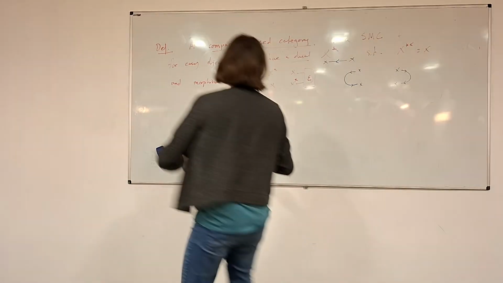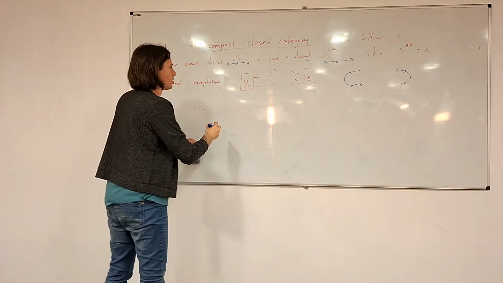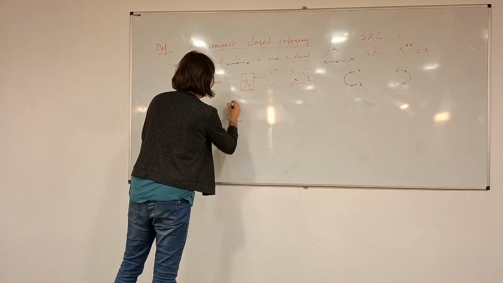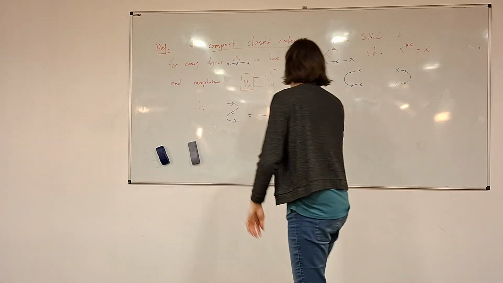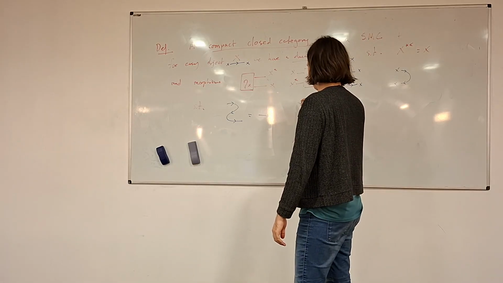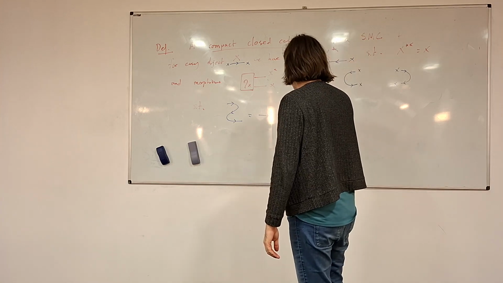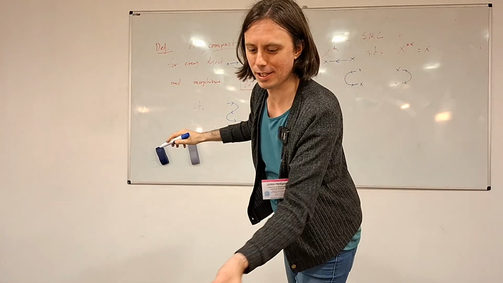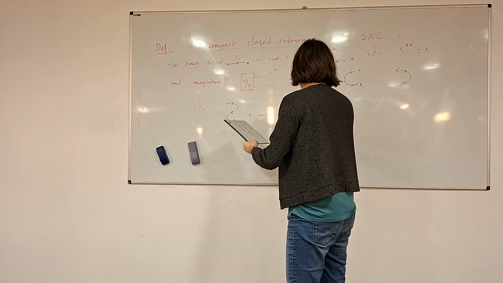And now I ask for the obvious equations. In the end, it doesn't matter if I get it wrong because I'm a symmetric monoidal category and I can swap things around. But it should be this way.